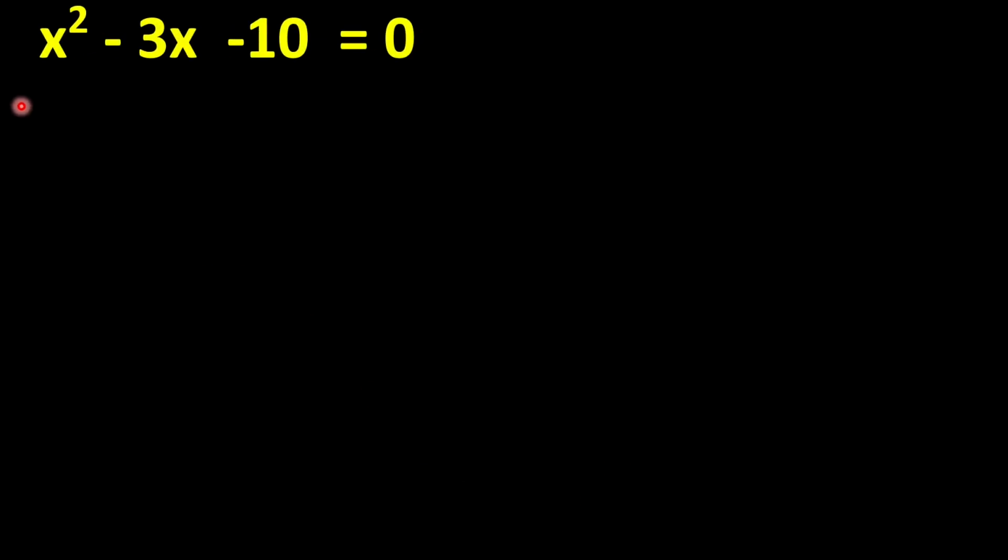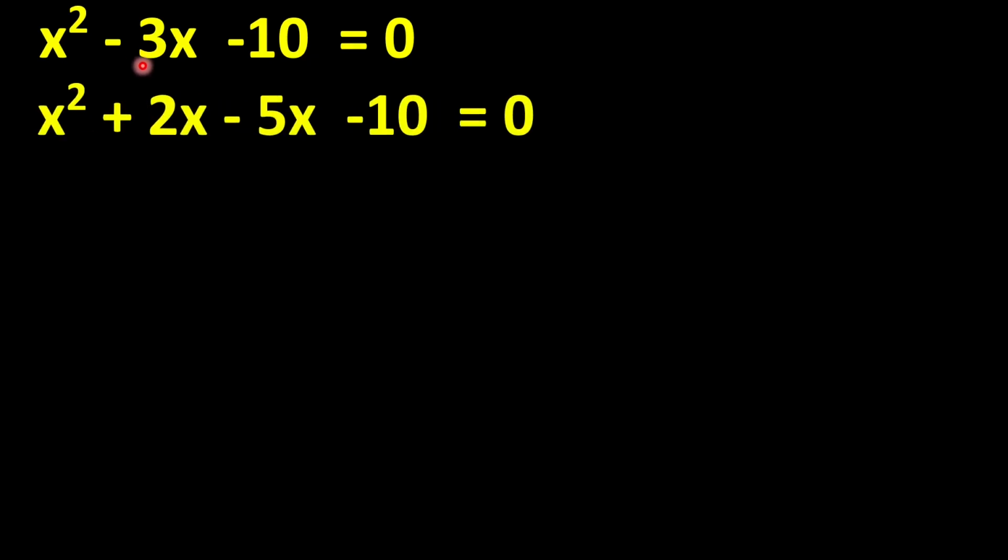So this is our quadratic equation. Let's factorize it. We can split it as x² + 2x − 5x − 10 = 0. Now we will take x common from the first two terms and minus 5 common from the last two.